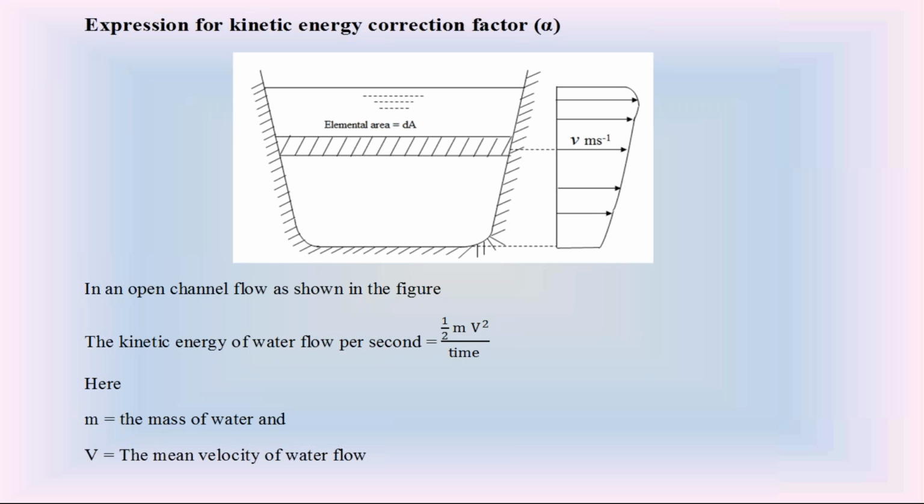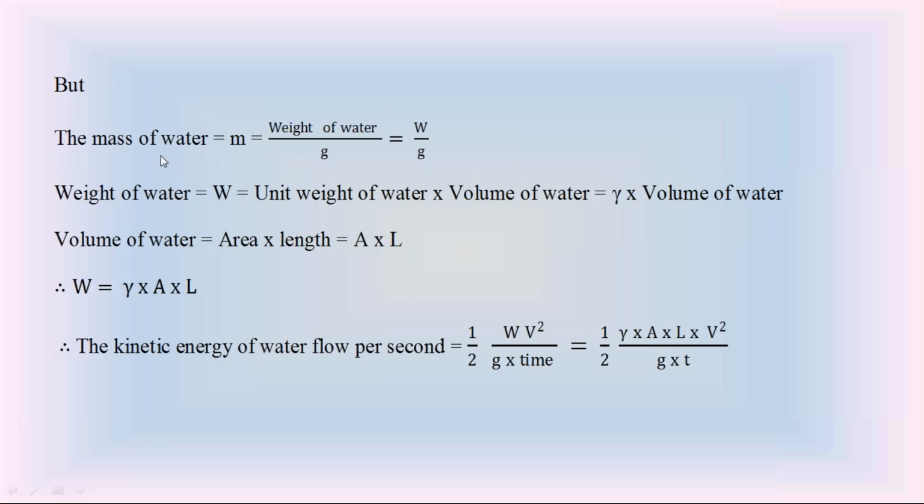So I am going to use that mass is equal to density into volume in this numerator. Here the small m is the mass of water. We also have the weight.